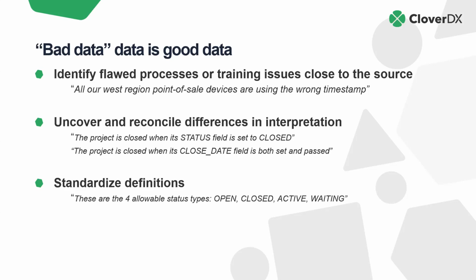And so analyzing the data that comes out about your bad data can uncover that, as well as allowing you to identify and standardize business definitions, right? If you've got different teams that might be thinking of statuses for a particular type of entity differently, those differences in definitions might surface as, quote unquote, poor data quality.